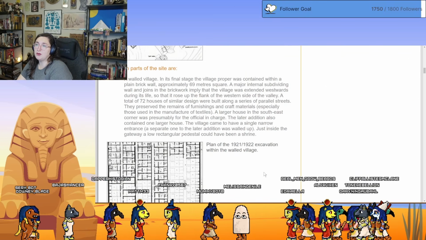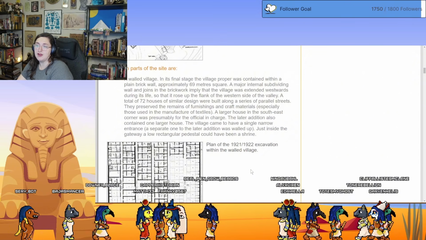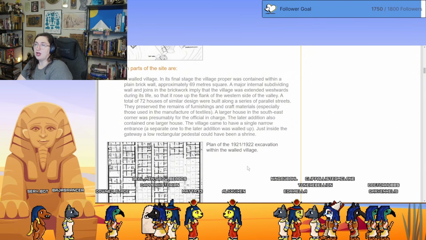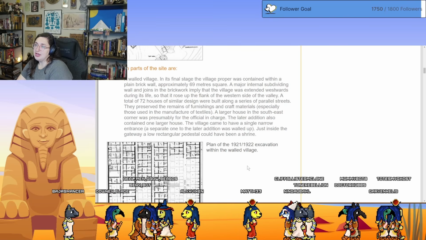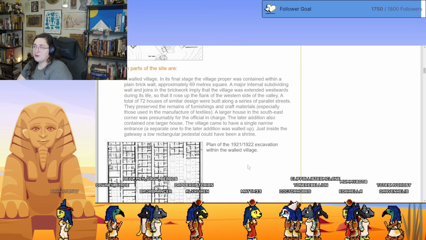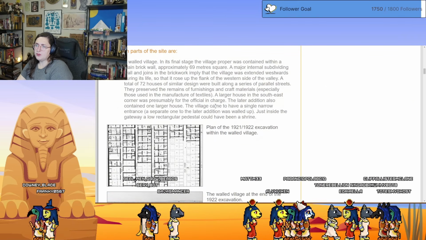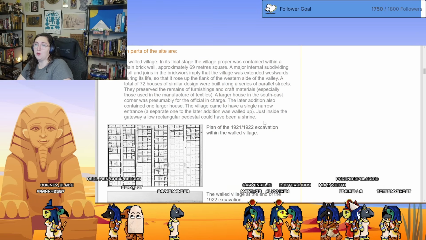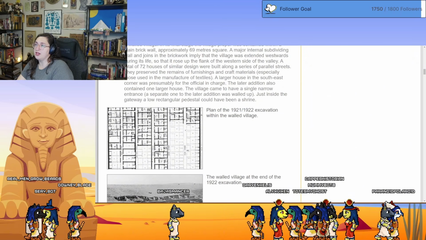They preserved the remains of furnishings and craft materials, especially those used in the manufacture of textiles. A larger house to the southeast corner was presumably for the official in charge. That later addition also contained one larger house. The village came to have a single narrow entrance. A separate one of the later addition was walled up. Just inside the gateway, a low rectangular pedestal could have been a shrine.